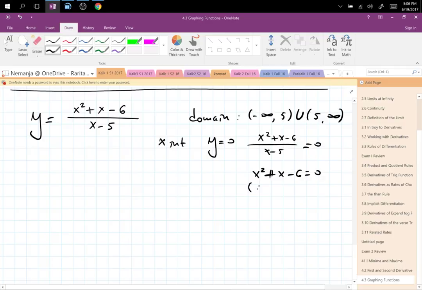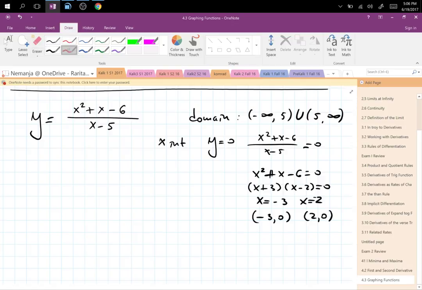Now, if you factor this, you will get x is negative 3 and x is 2, which gives us negative 3, 0 and 2, 0. And you know what? When we start doing more complicated problems, I like to box all of the answers that will later help me figure out where to plug points and so on the graph. So that was the x-intercept.